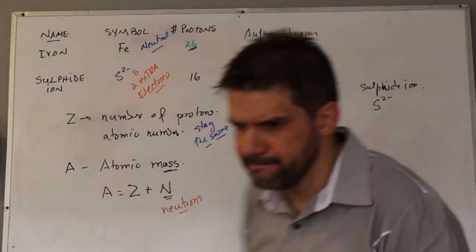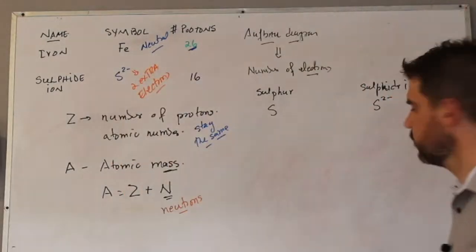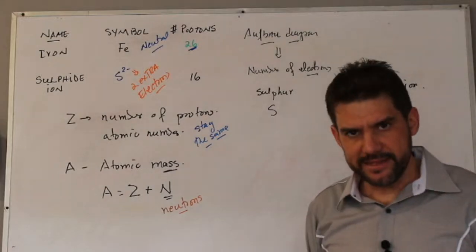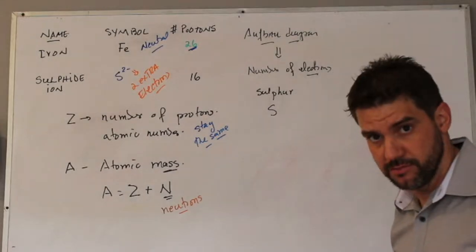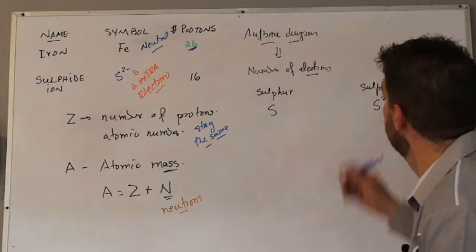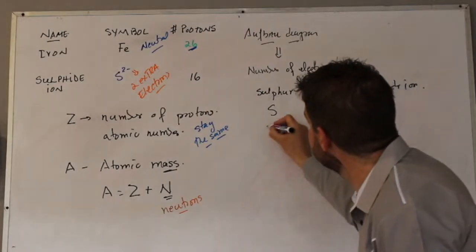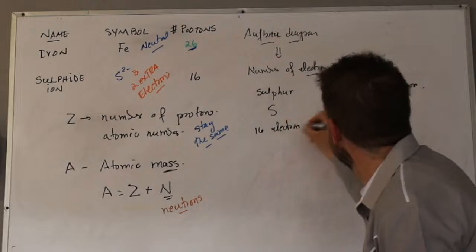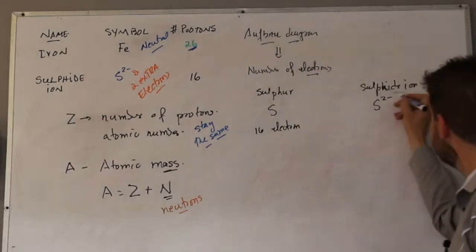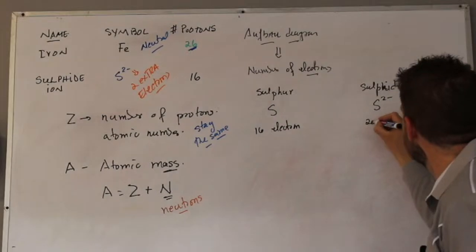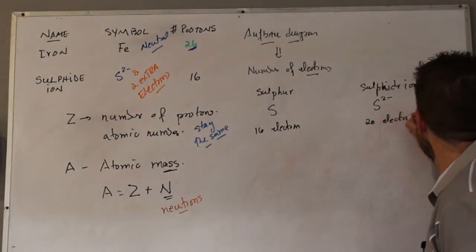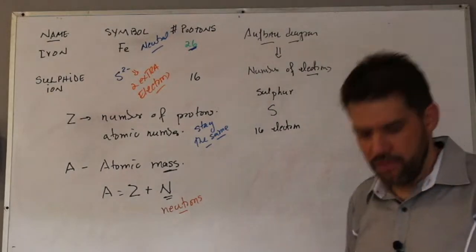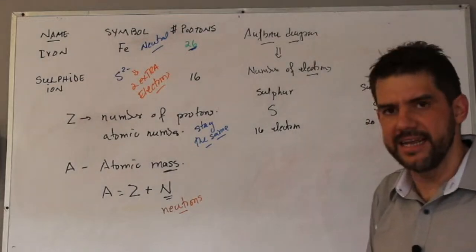What we need is the number of electrons. For sulfur it is 16 electrons. For sulfide, it gains 2, so it's 18 electrons. And now this is the part where you go to the energy levels.